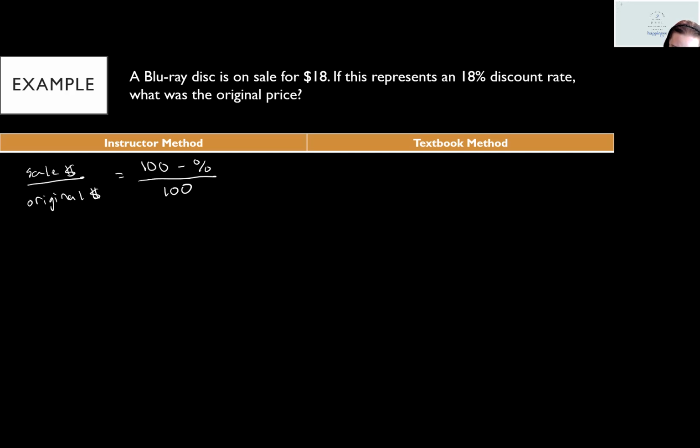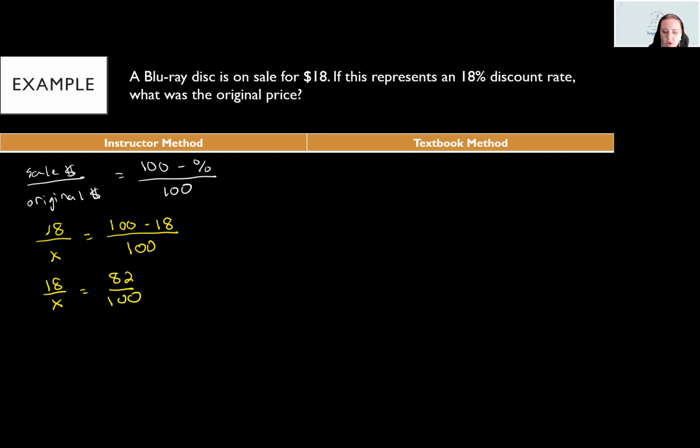So we're given the sale price, which is $18. We don't know the original. And then we have 100 minus 18, and that's the percent 18, not the $18, over 100. So you do 100 minus 18. So that's 82. So we're going to get 18 over x equals 82 over 100.